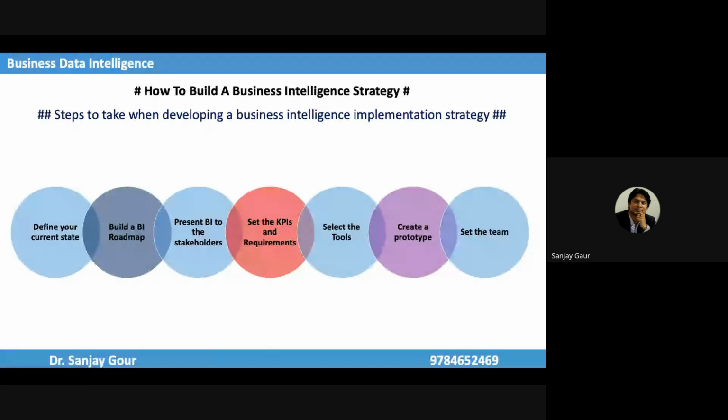Second, build a business intelligence roadmap: where we want to go. Making a roadmap is the process of the prescriptive analytics part. Prescriptive analysis, roadmap: where I want to go, and what I have in hand, the current state. The roadmap is your prescriptive analytics.